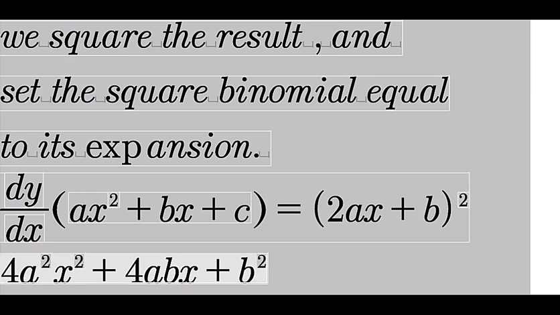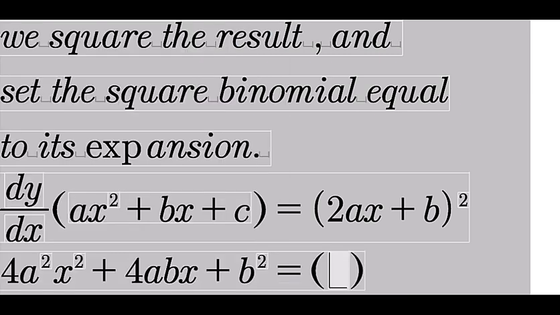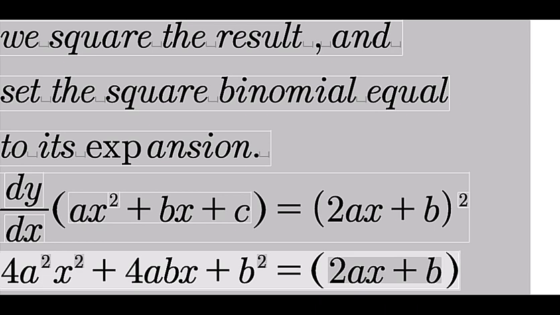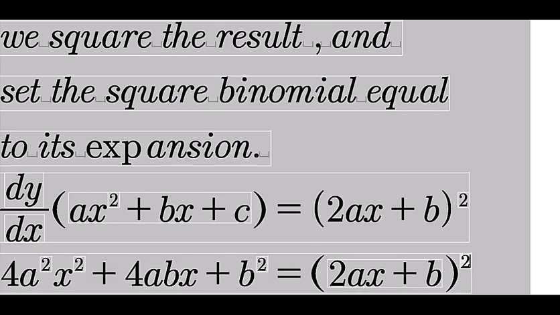Right now, I just did my expansion, which is equal to the binomial 2ax plus b, raised to the power 2. I call this my second equation, my second linear equation.